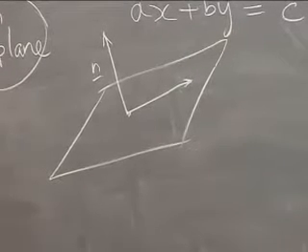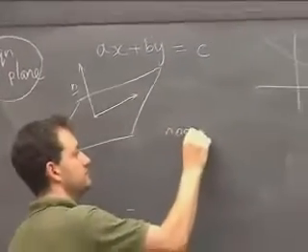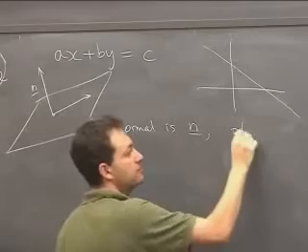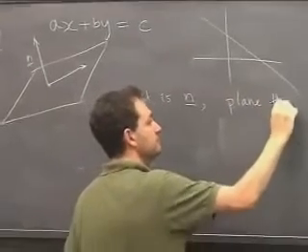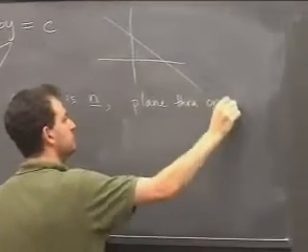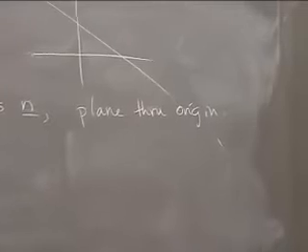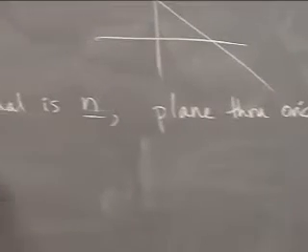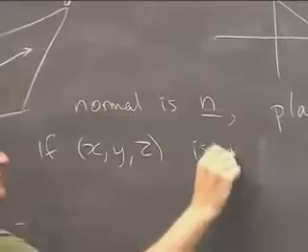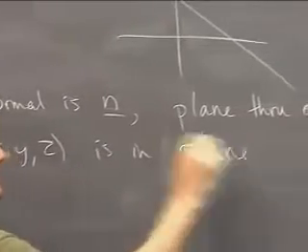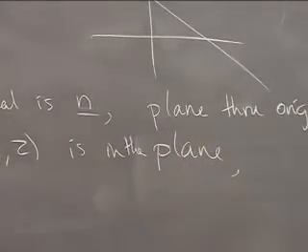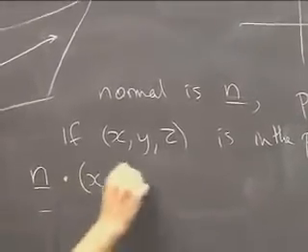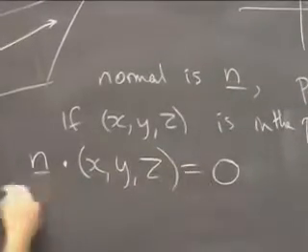So if the normal is n, and let's suppose the plane is through the origin for a second. Well, then any vector in the plane satisfies n dot xyz equals 0.